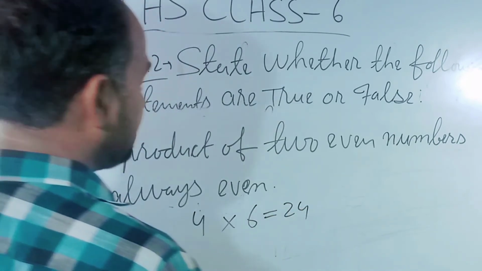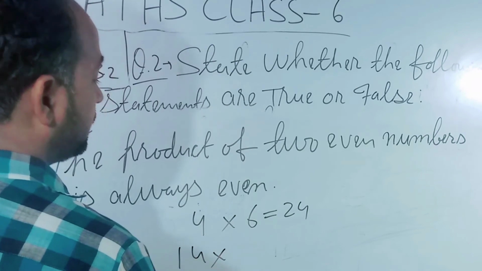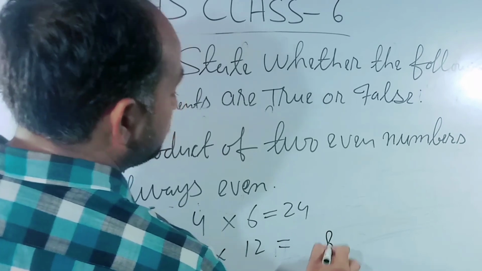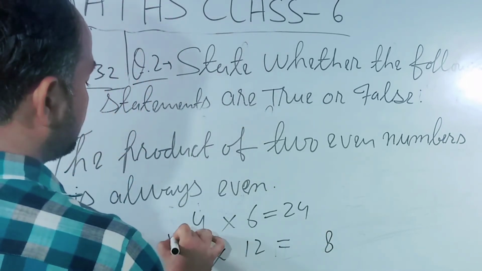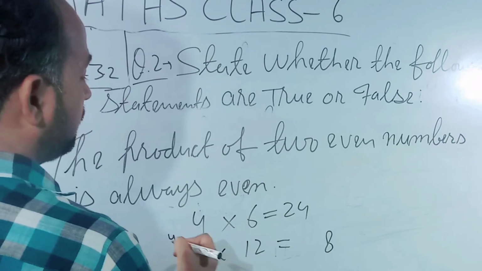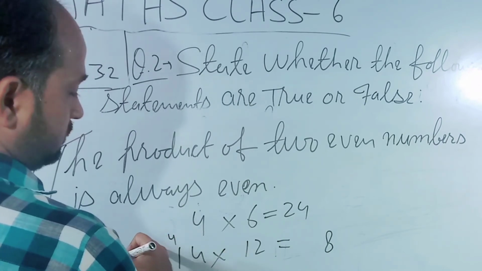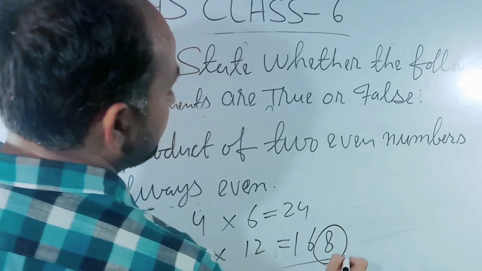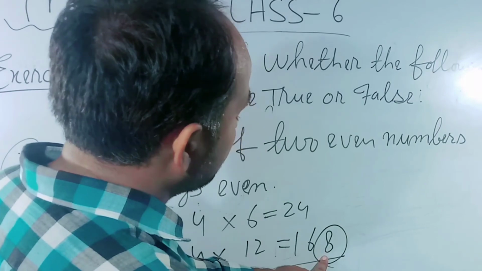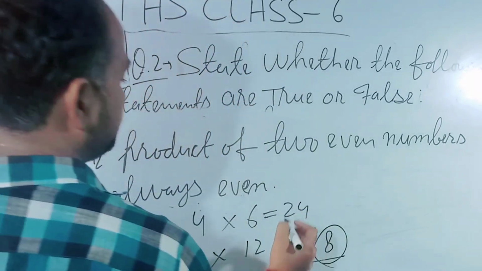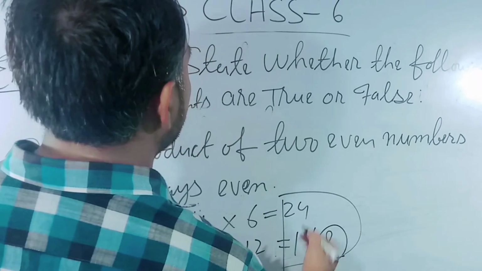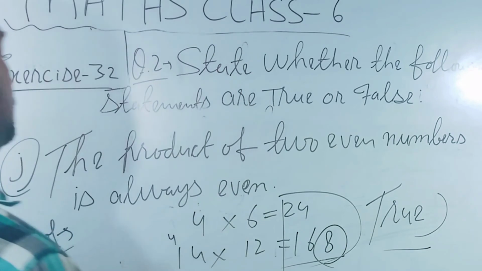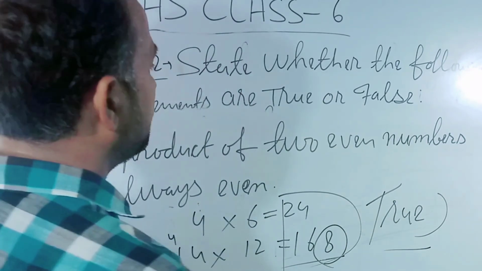Now let's take another example: 14 multiply 12. 12 times 4 is 48, 4 is carry, 12 times 1 is 12, and 12 plus 4 is 16. It is also an even number, seen from the last digit of this number. So this is true. Clear?